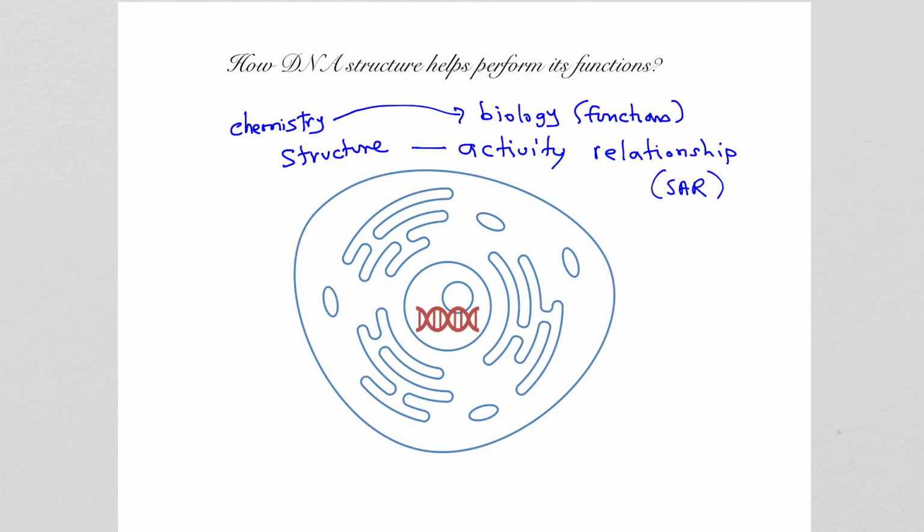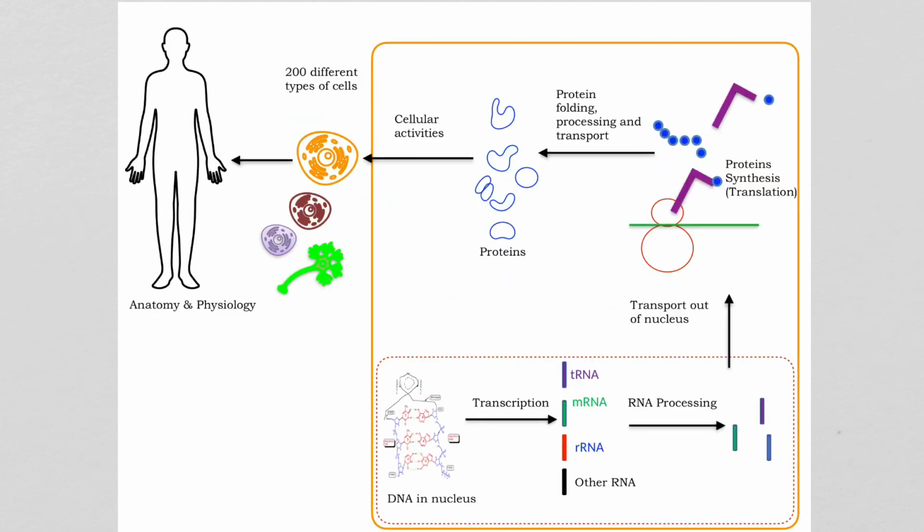What's so special in the DNA structure that allows it to do all the functions necessary for the cell? You can see from this diagram how important the information in DNA is.